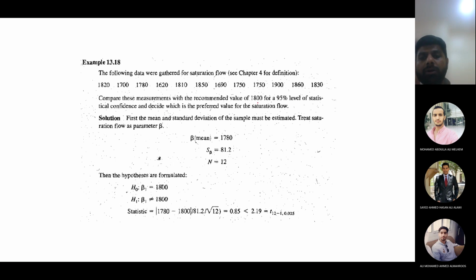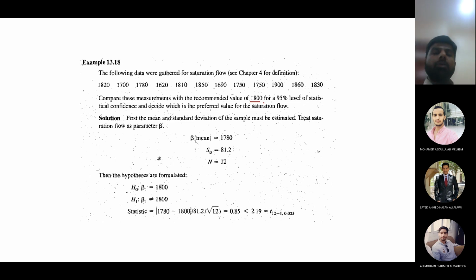The recommended value for flow is 1800. We want to check, at 95% statistical confidence, whether the mean value of saturation flow can be equal to 1800 or not. This is what we are trying to find out.